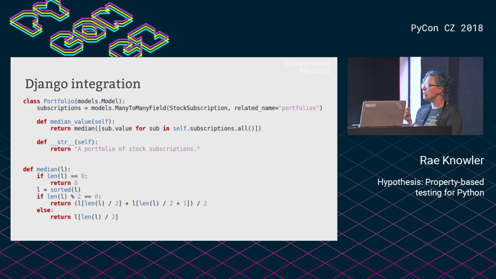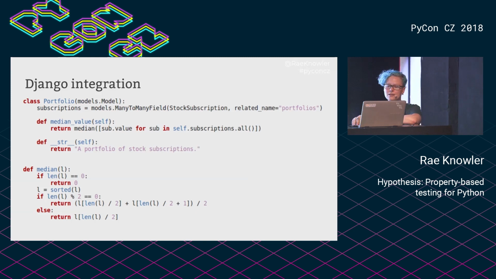Otherwise, if the length of the array is odd, then it just returns the central value. When I'm getting those middle two, I find the value in the array that has the index of length divided by 2, then the next one, which has an index of length divided by 2 plus 1. So that's how you do a median.